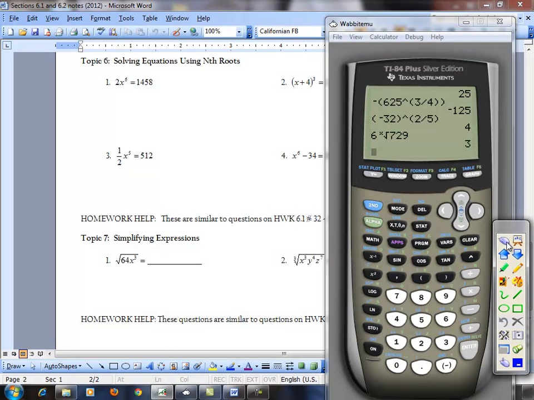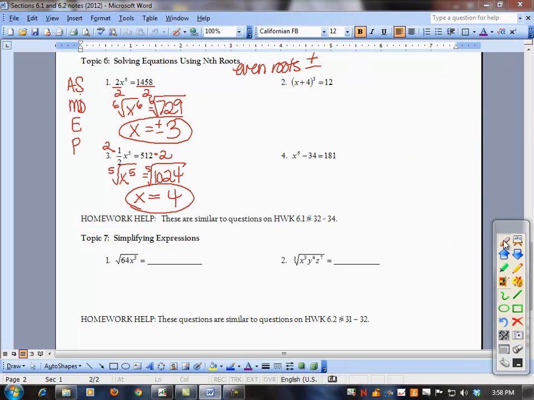Okay? Now, let me get rid of my calculator a minute. Let me go back up to number 2. I have parentheses, but there's an exponent outside first. So to get rid of a cube, I have to take the cube root. X plus 4 equals, I now have the cube root of 12.